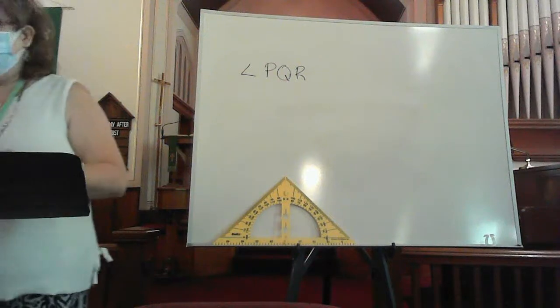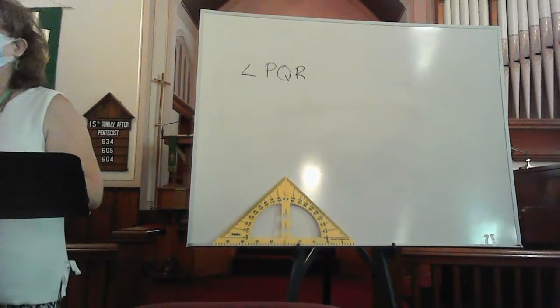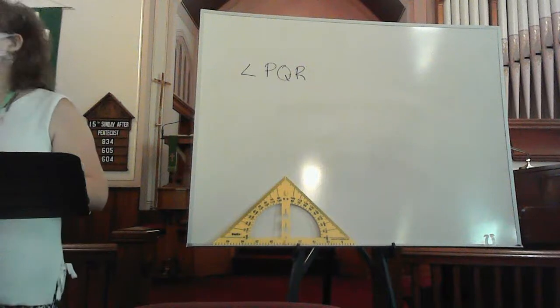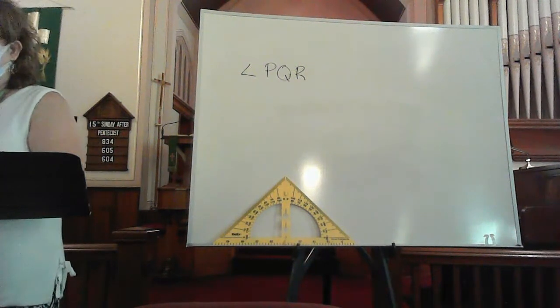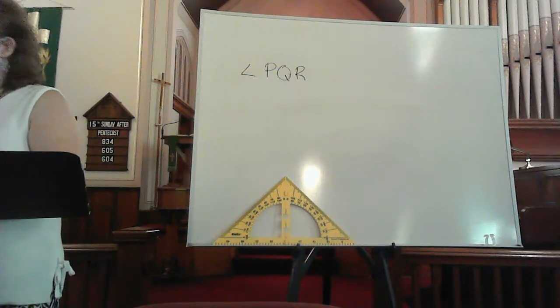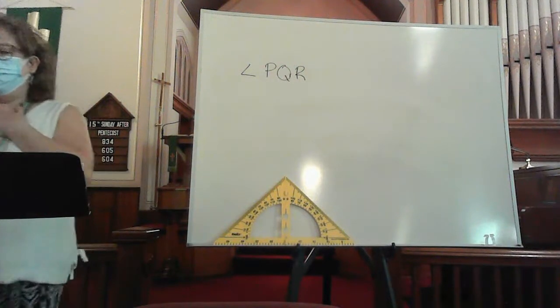How about number 2? Can somebody give me one of the angles in number 2? How about some ladies or a gentleman on this side? Johnny looks like he wants to answer. Number 2, on page 35, I need you to tell me one of the angles in number 2.